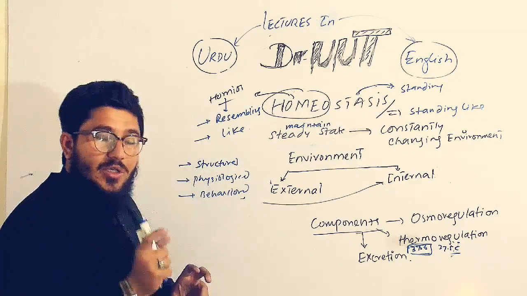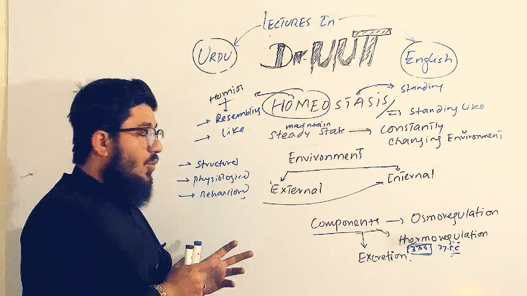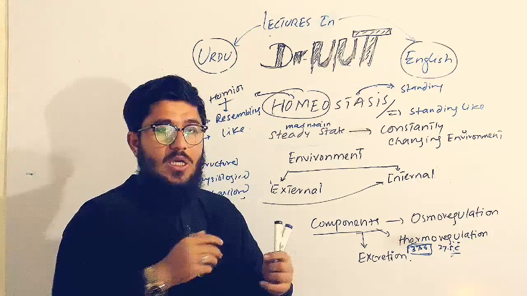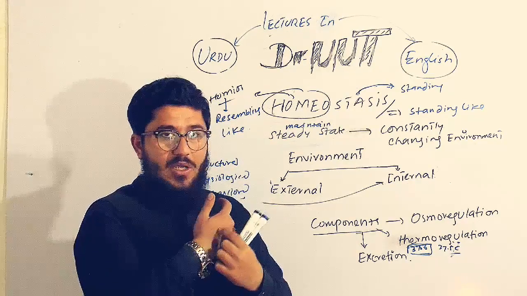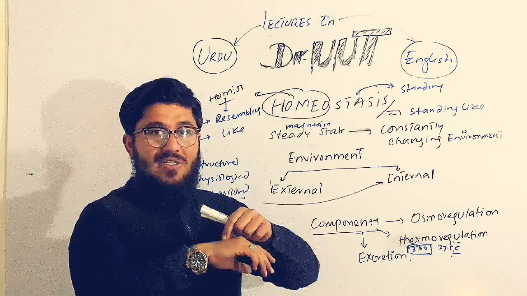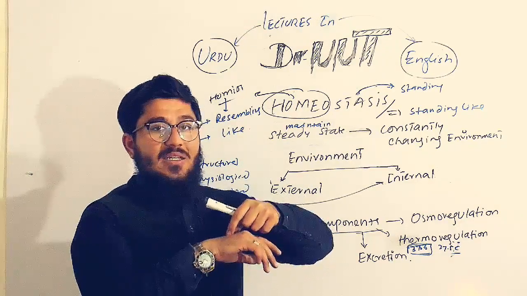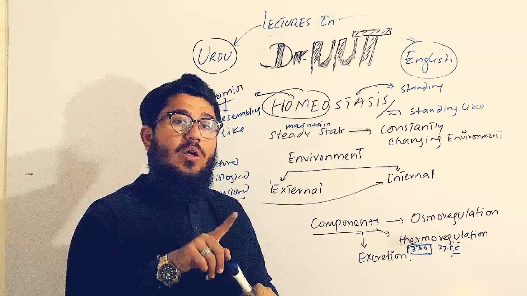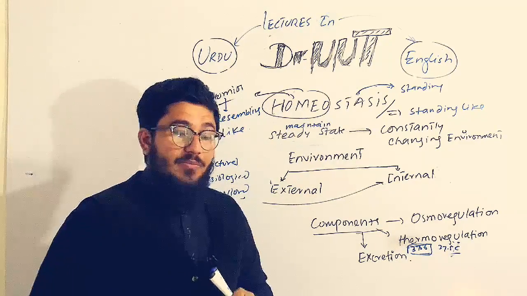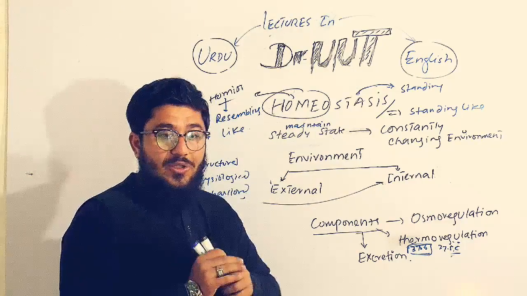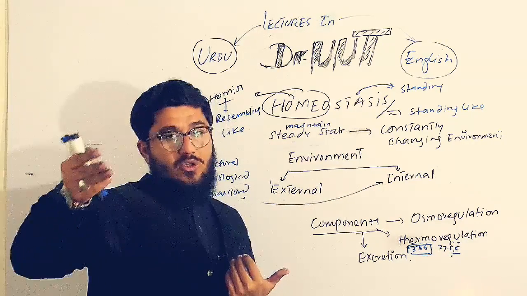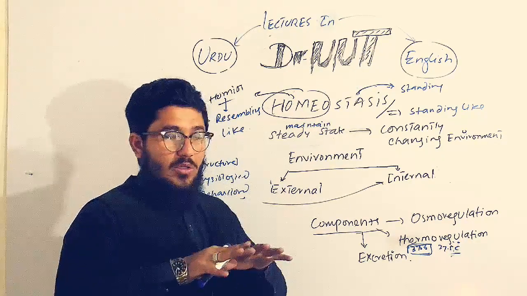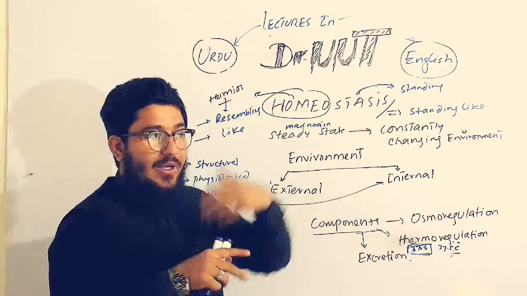And we have the physiological way also. Physiologically, you might have observed that whenever it's hot, the blood vessels supplying the body are dilated, and they are constricted and not seen when it is cold. The specific reason is that when it is hot, the internal environment is hot and the external is also hot. So you want to make your internal environment a little bit cold, to maintain it regarding the external.